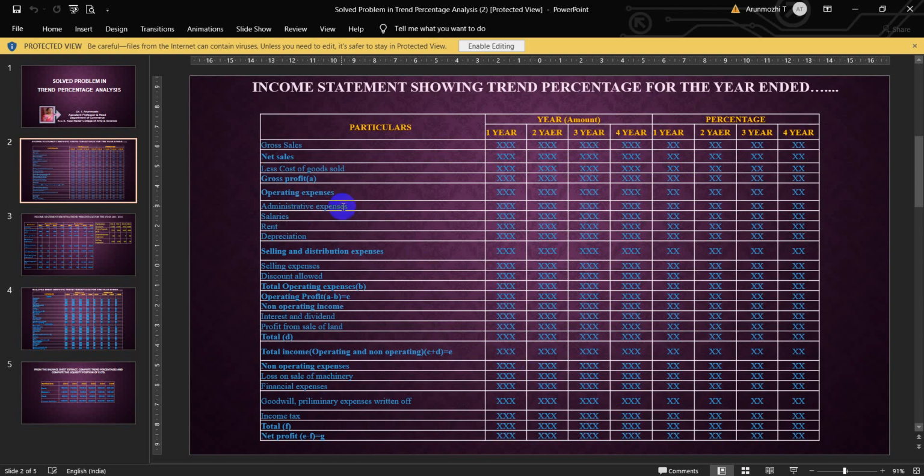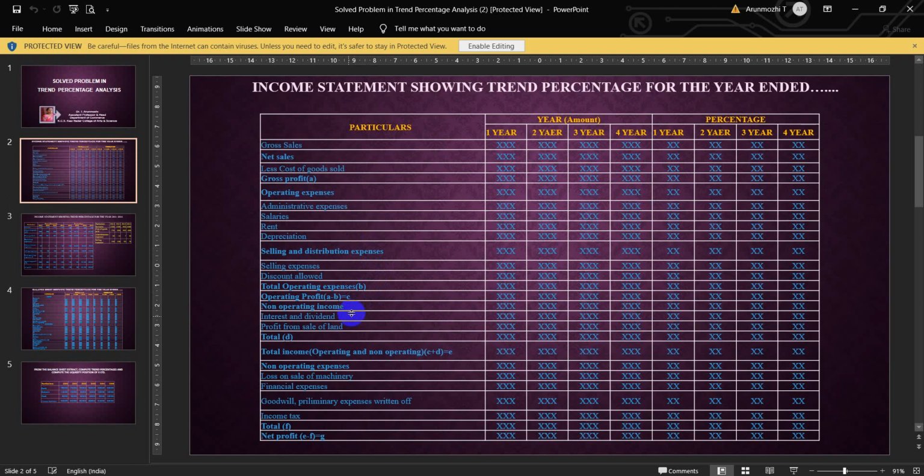So this is the format of how to find it out. Gross sales, net sales, less cost of goods sold, you get GP. Then we take into consideration the operating expenses, selling and distribution expenses.